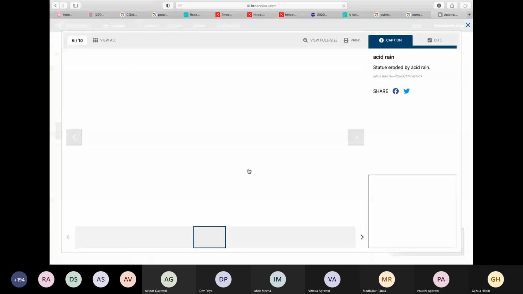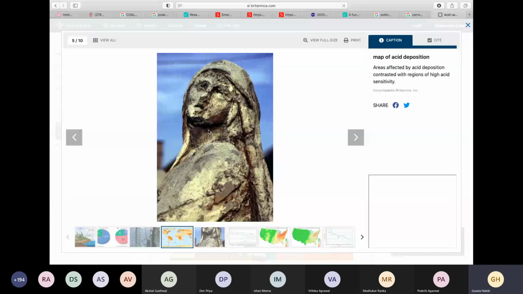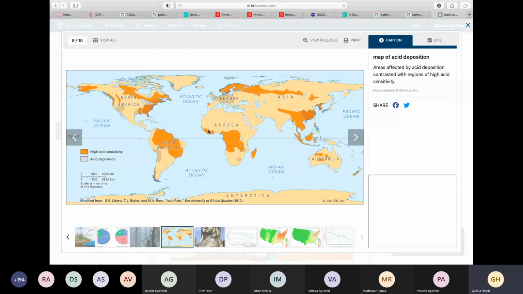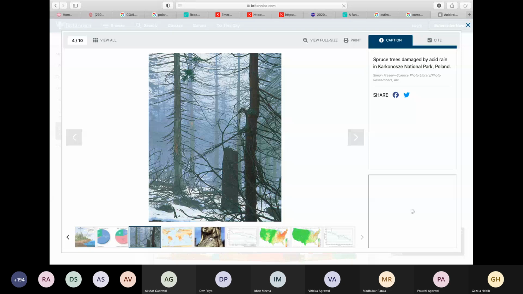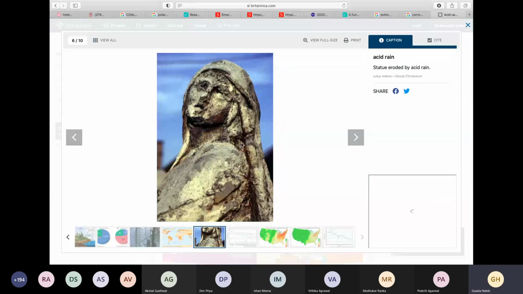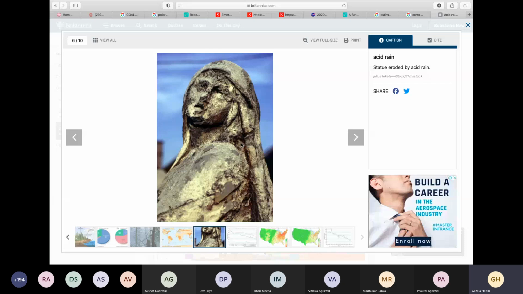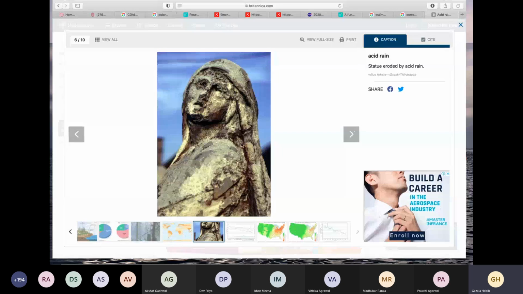Yes, ma'am. Yeah, so this is one example of what happened. This is one example of deterioration of monuments due to acid rain, meaning H2SO4 formation in the cloud, HNO3 formation in the cloud, and deposition on the monument.